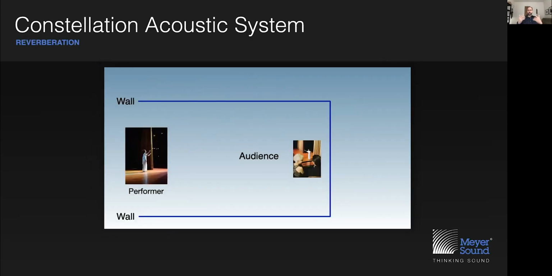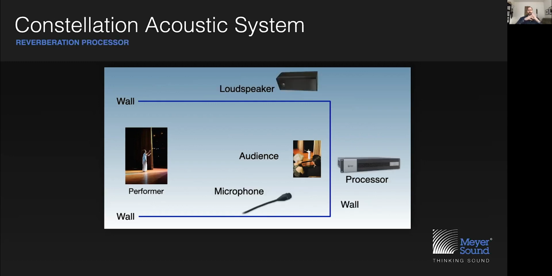Likewise, these reflections, after they've passed the audience, they will kind of keep bouncing off the walls, and that's what's going to create reverberation. So here's a quick animation of what reverberation really is. It's essentially those reflections keep propagating until they lose their energy, and that's what becomes a reverberation. So with Constellation, what we do to increase that reverberation is we now have microphones in the audience to pick up that reverberation.